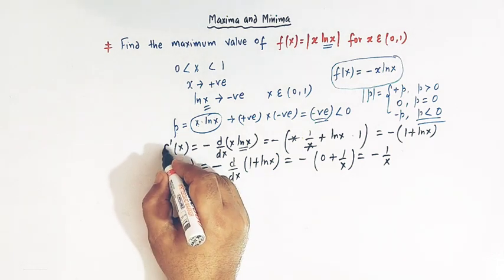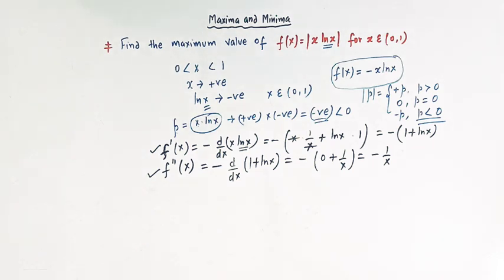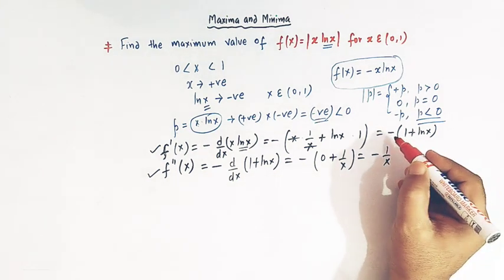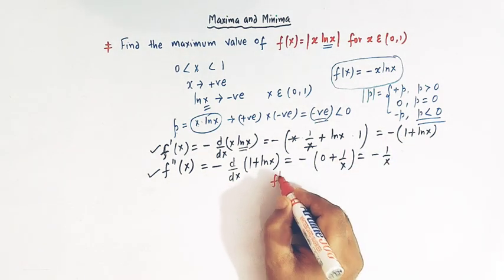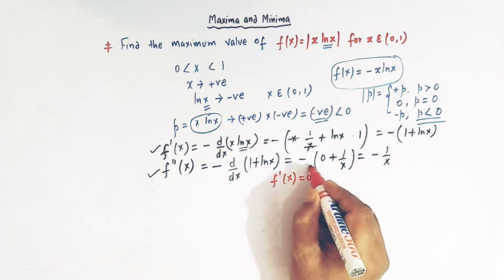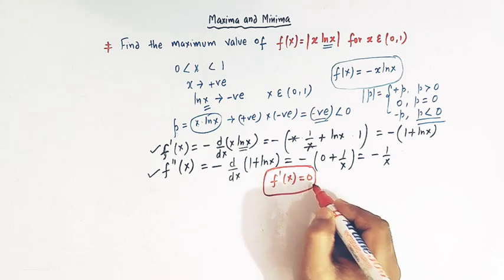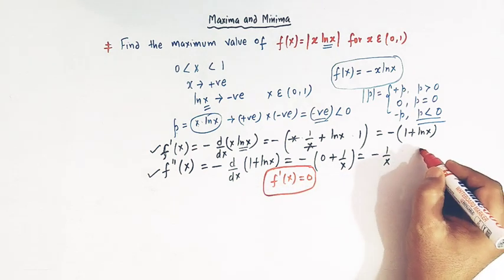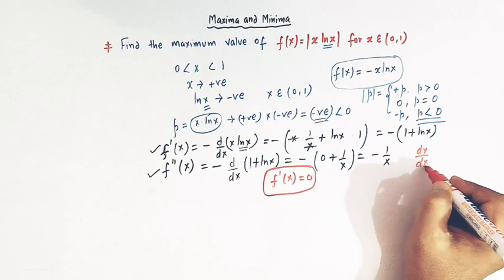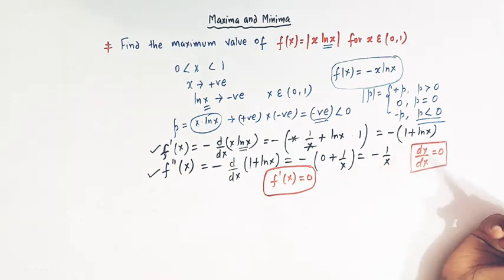Once we have obtained the first derivative and the second derivative, let us find the critical points. To find the critical points, we must equate the first derivative to 0. The slope, that is dy over dx, must be equal to 0 in order to get the critical points.